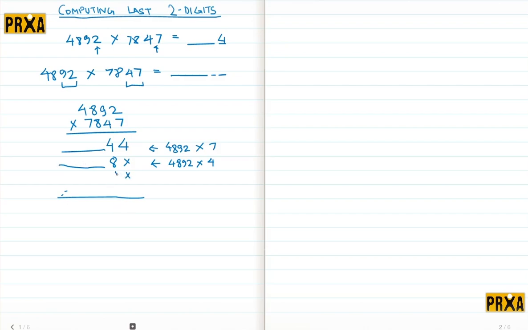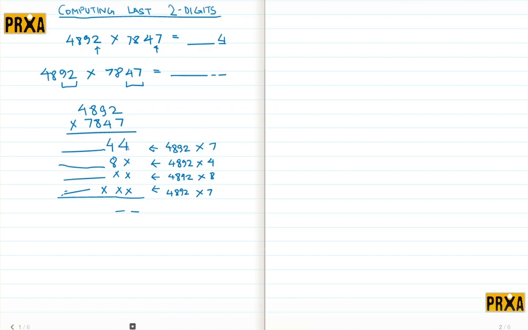Now I put two crosses here and this time I multiply 4892 by 8. Okay, and you would notice that this row and the last row, 4892 times 7, because I put in three crosses here, these two rows have absolutely no impact whatsoever on the last two digits of my final answer, right?